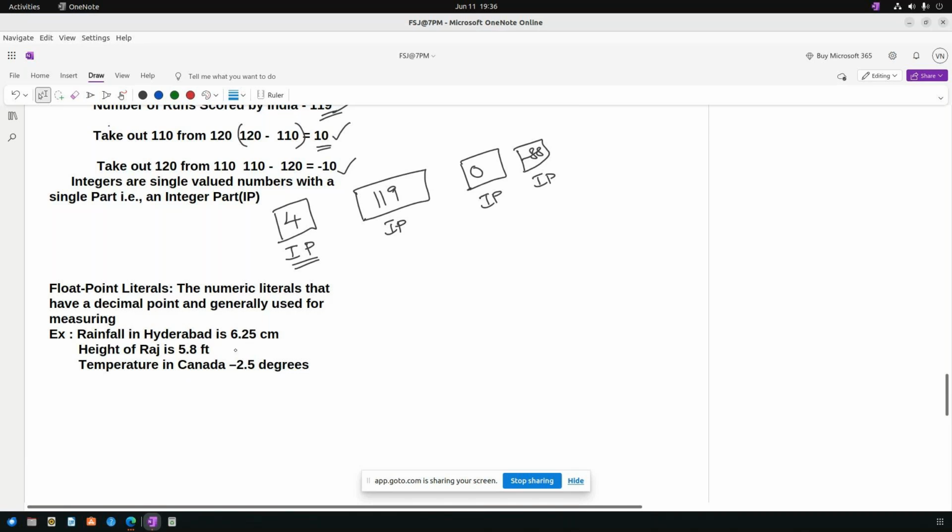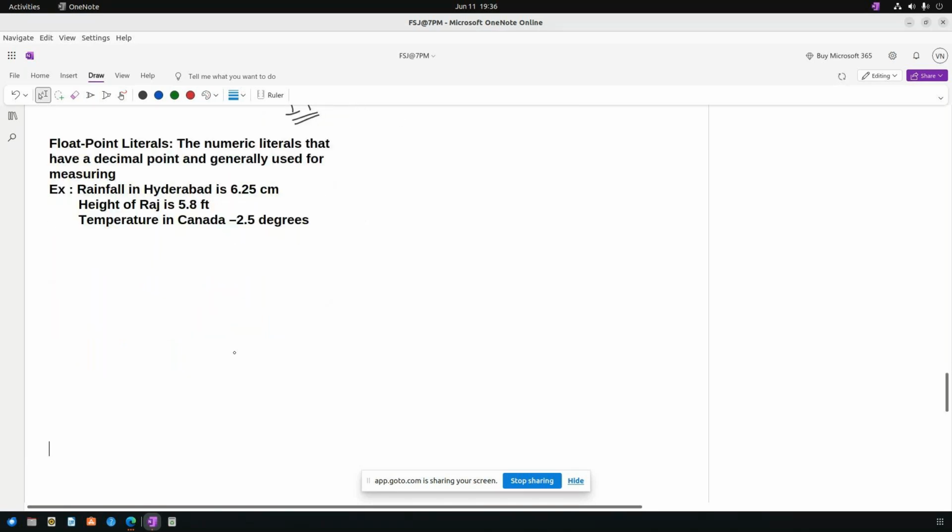So when I am talking about float point literals, or float point data values, they are single valued numbers with three parts.